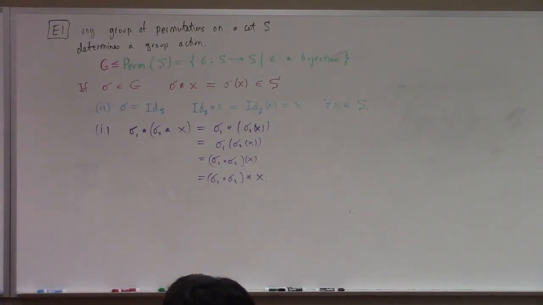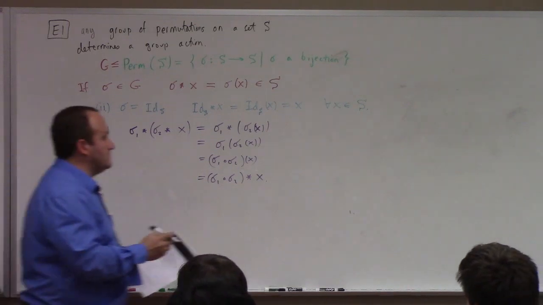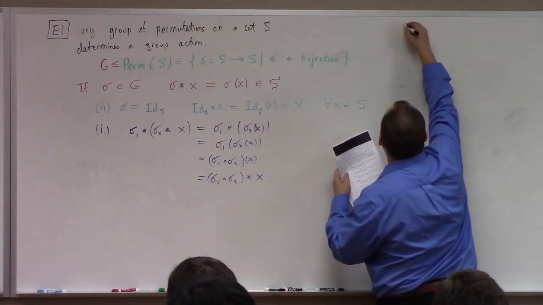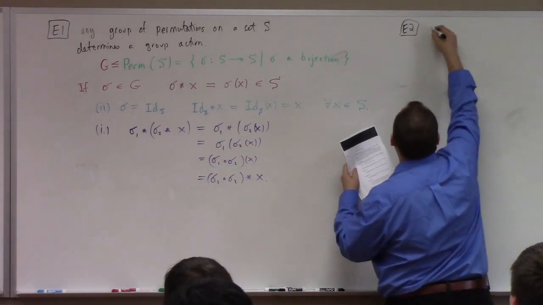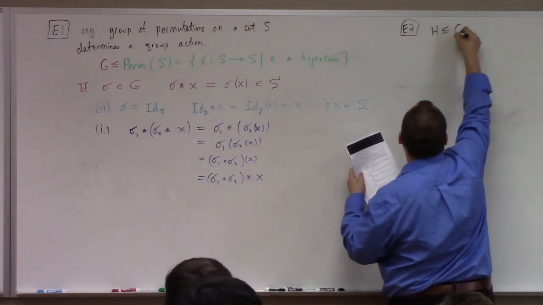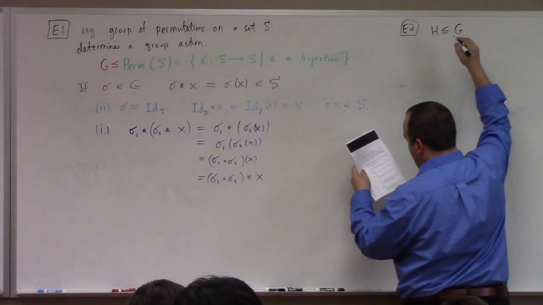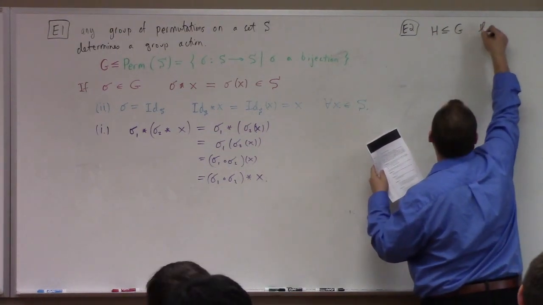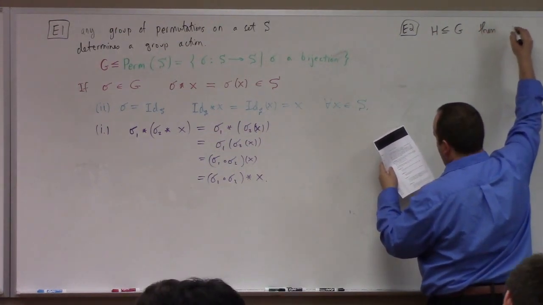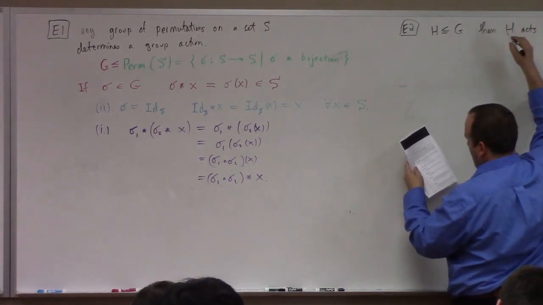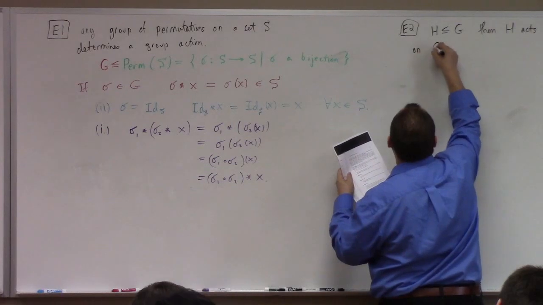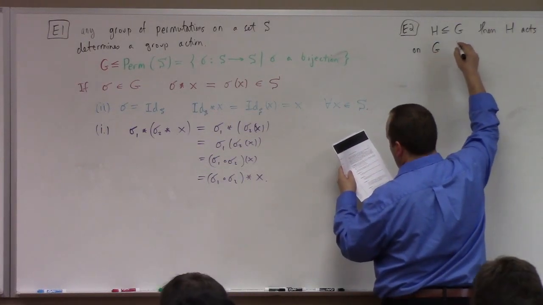Another example. Example 2, if H is a subgroup of G, then H acts on G, right, using group multiplication.